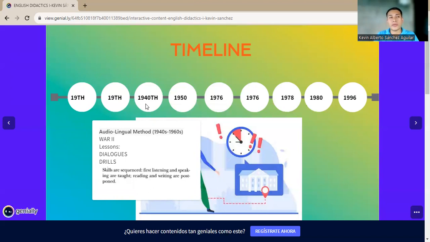Something really interesting here is that skills are sequenced. That means one skill was learned first, and once it was mastered, the next skill started. For example, first they worked on listening. After that, speaking. After speaking, reading. And the last macro skill they worked on was writing.